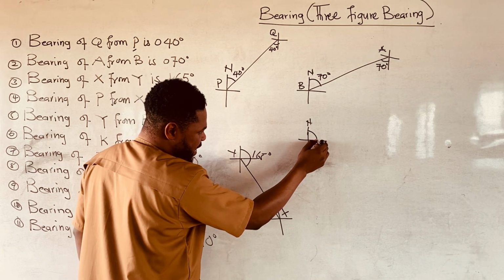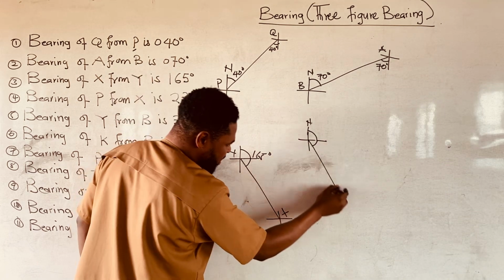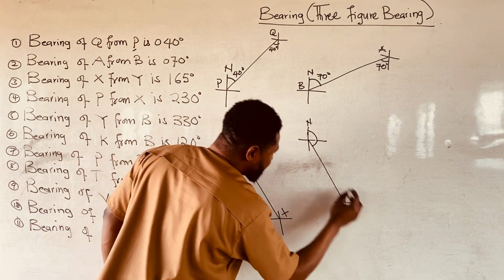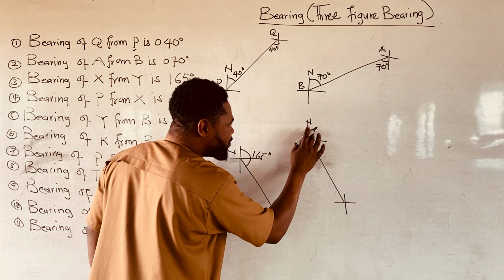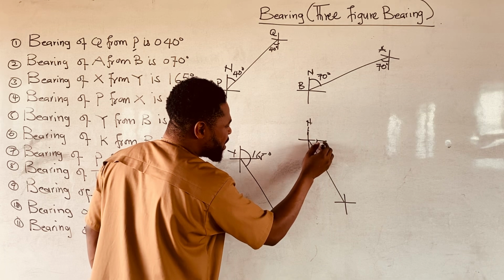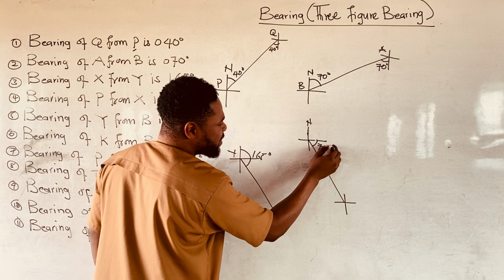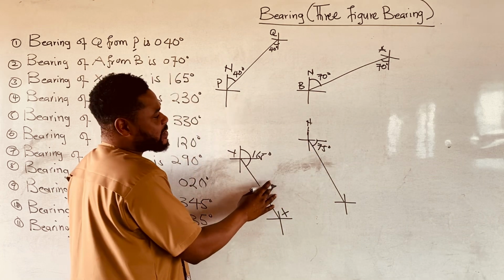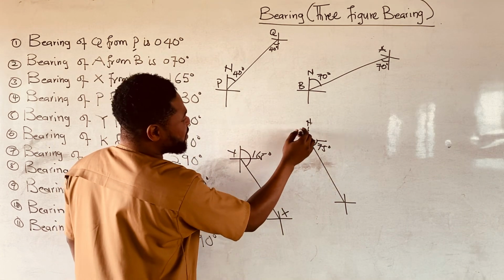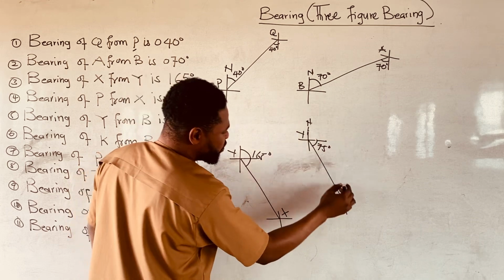So I'll stand here and cut 75 as we can see, like this. But with this one, I'll not bring the 165. I'll put only what? 75 here, degrees. All right? And the bearing is from Y to what?